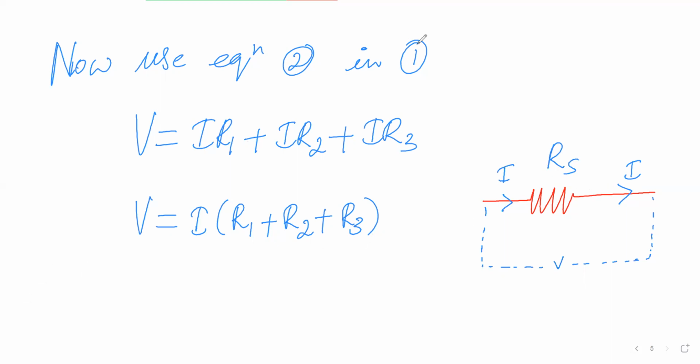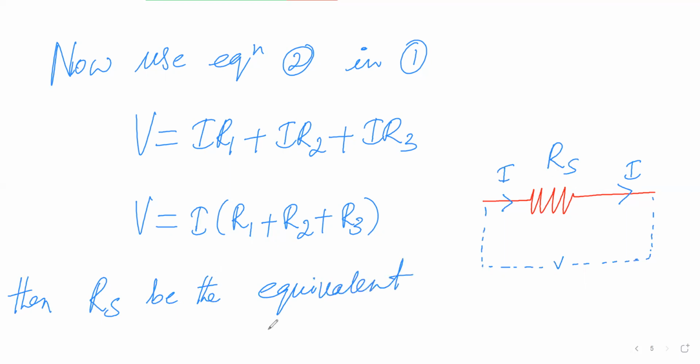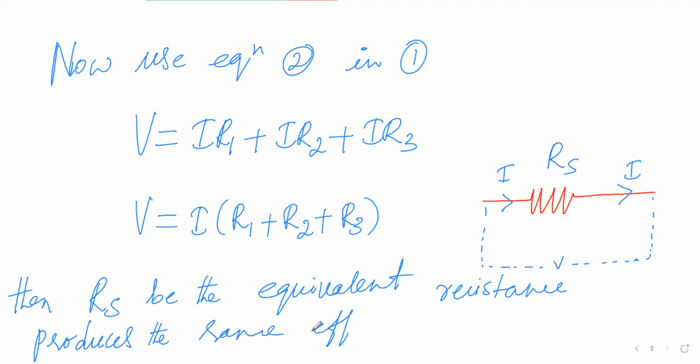So RS is the equivalent resistance, which produces the same effect as that produced by the combination of the three.